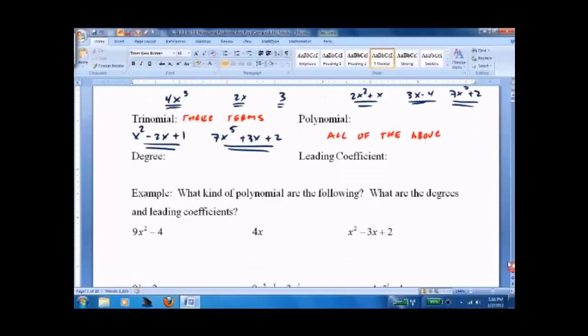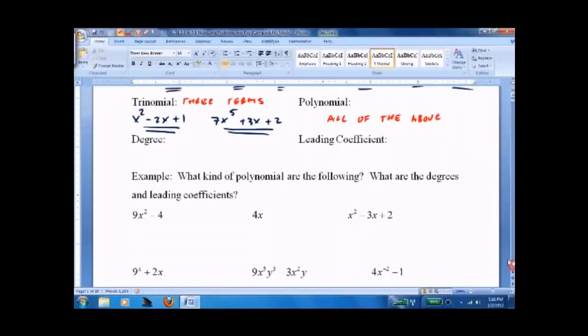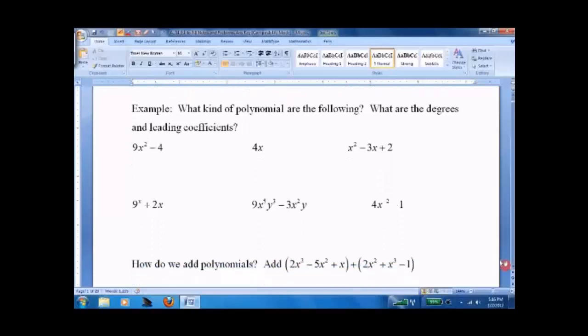Now, there are certain things that are not polynomials, and we're going to skip down to them. And they're right here. This is not a polynomial because the variable's in the exponent. Just realized I need this space.